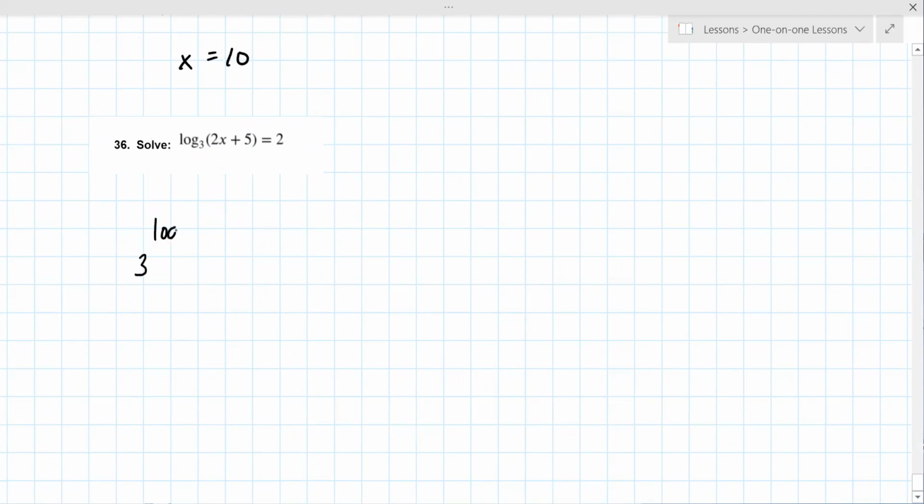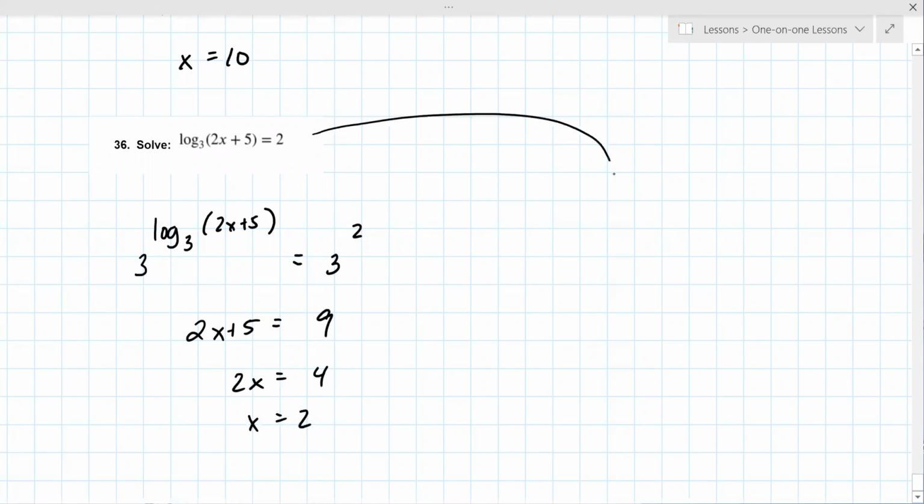So remember I showed you 3 to the log base 3 of 2x plus 5 equals 3 squared. These 3's have to match. On the left, these cancel, so it just becomes 2x plus 5 equals 9. I'm sorry, I wrote the wrong thing. And so 2x equals 4 and x equals 2.